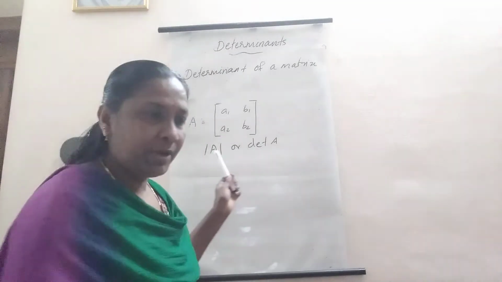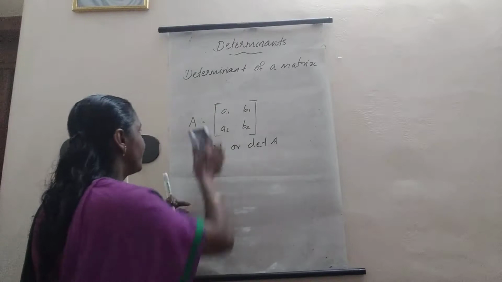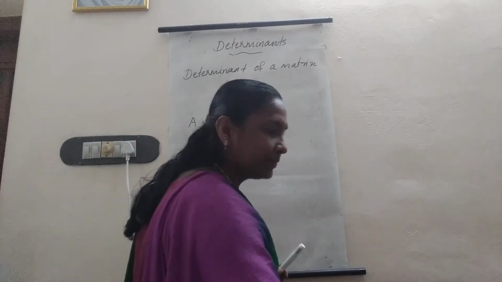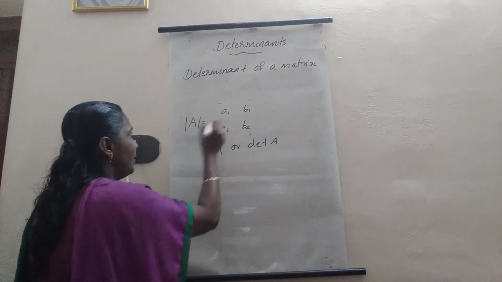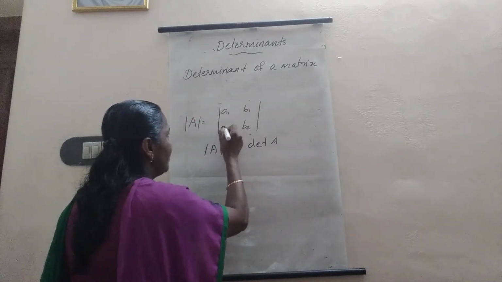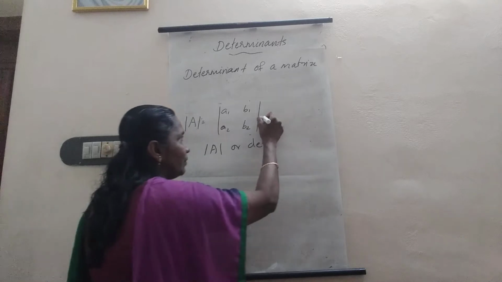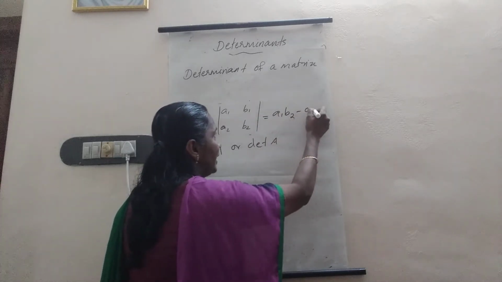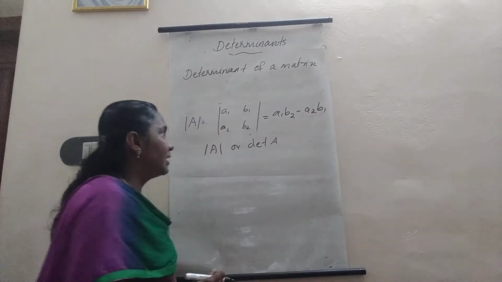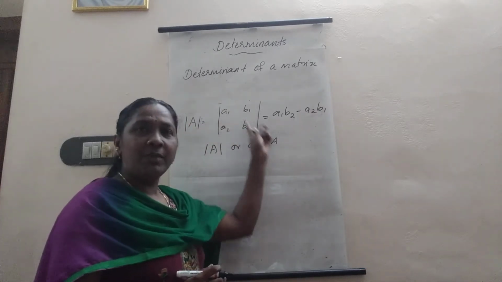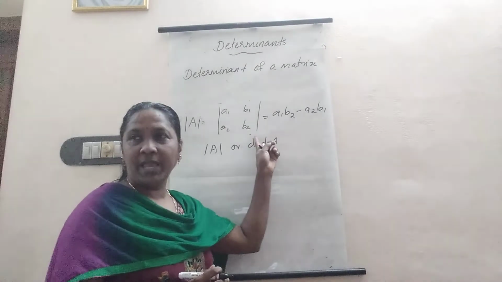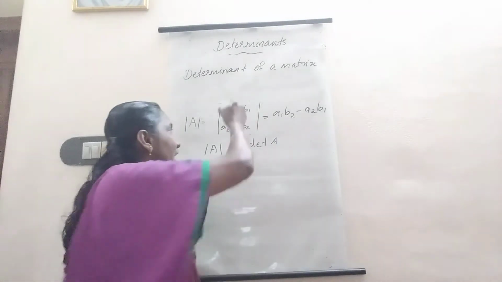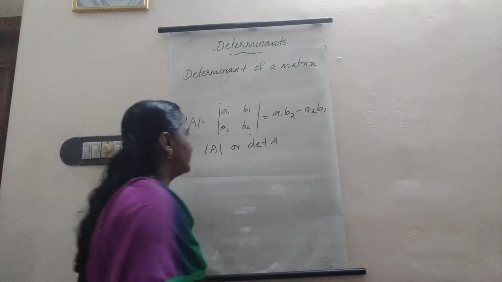Determinant A is equal to determinant A1, B1, A2, B2, which is a number, that is A1, B2 minus A2, B1. Multiplying the elements in the main diagonal minus the product of elements in the other diagonal: A1, B2 minus A2, B1.